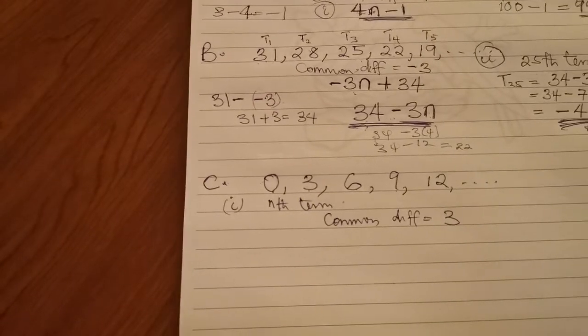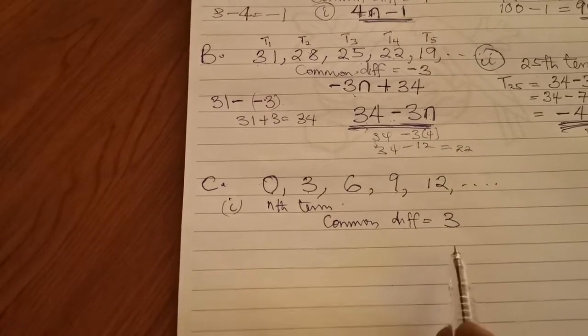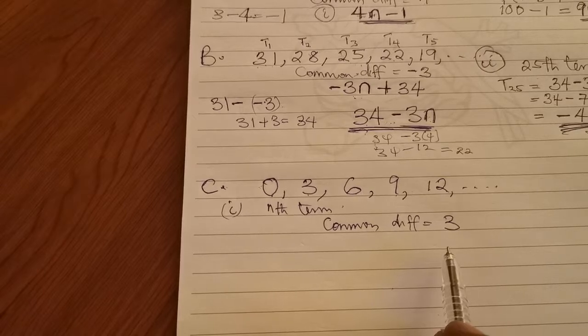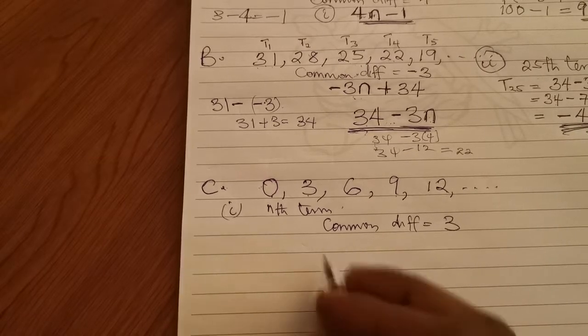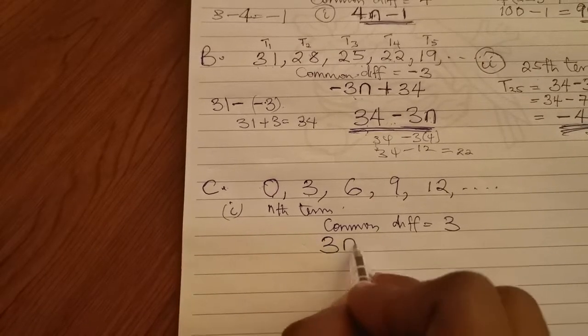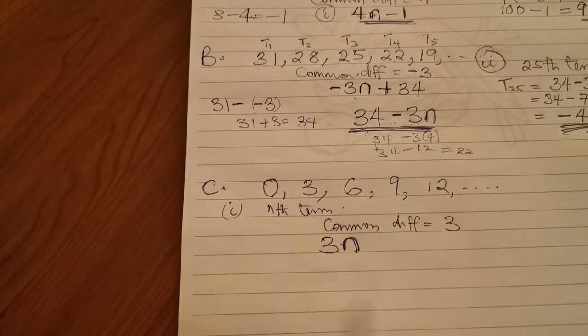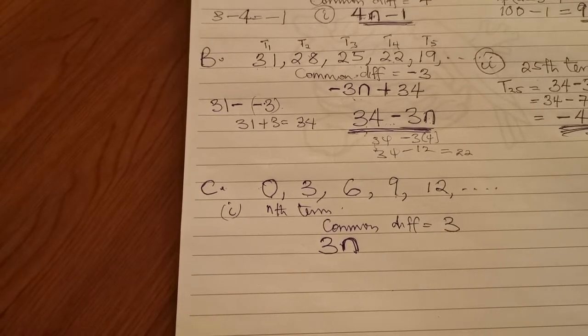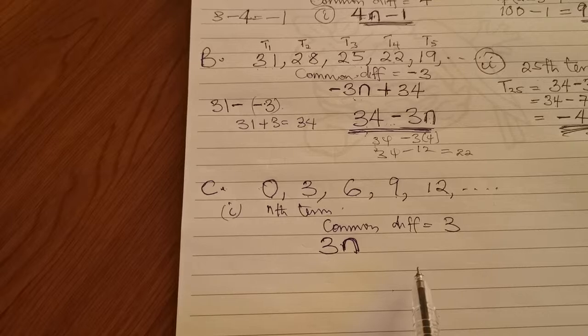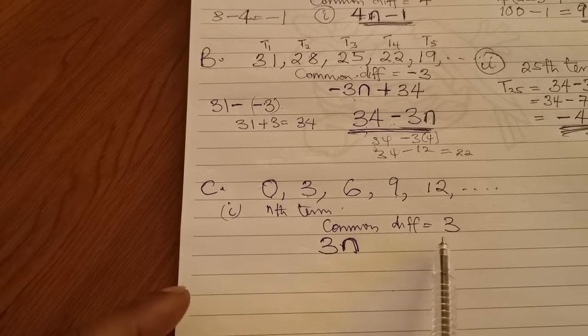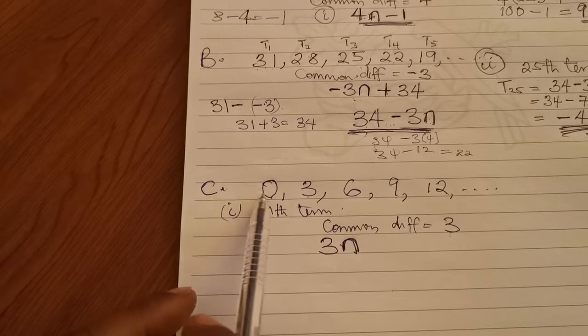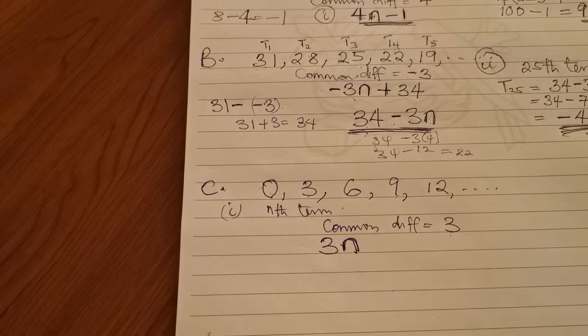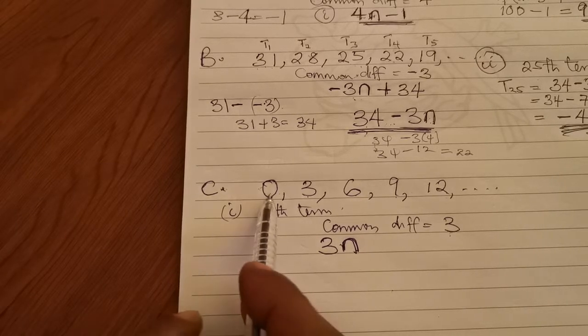So since I find that 3 is common there, the first part of the nth term is now 3n. 3n is the first part of the nth term. I will find the second part by subtracting this common difference from the first term. No matter what, the 0 is still the first term.